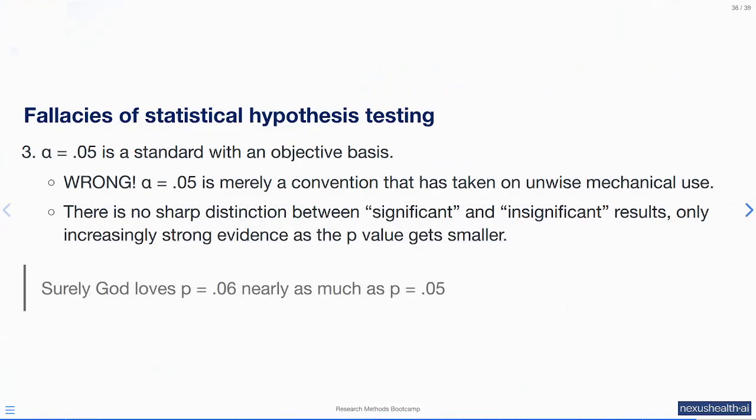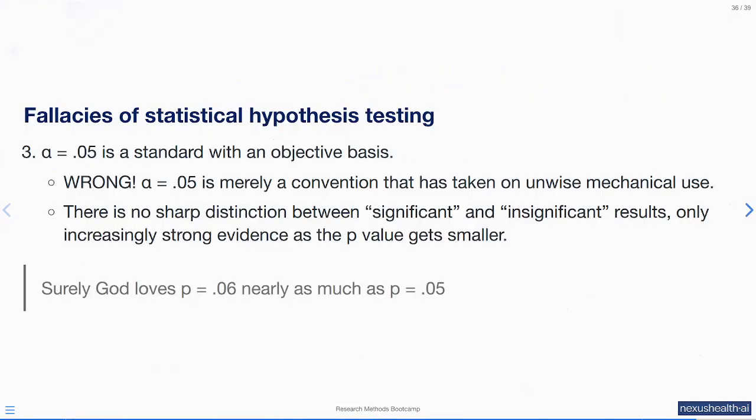Another fallacy is that alpha equals 0.05 is a standard with an objective basis. The truth is that we set our p-value at 0.05 is merely a convention that has taken on unwise mechanical use. Truth is, there is no sharp distinction between significant and insignificant results.